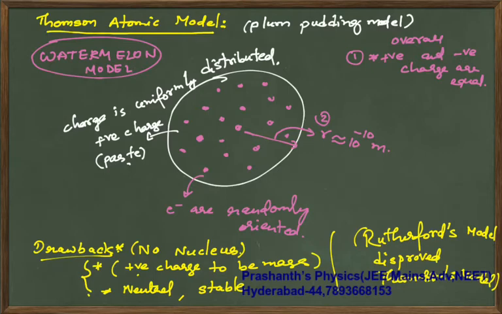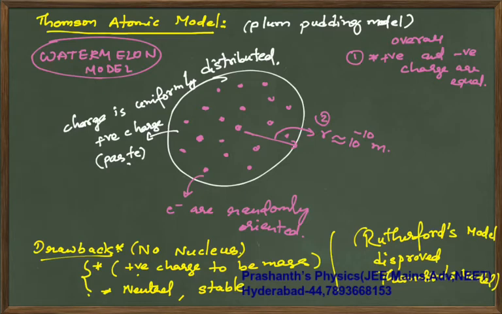But the drawback of this method is that there is no nucleus. Here the positive charge is supposed to be because of protons, which is known to us today, but previously the existence of the proton was not explained at all.